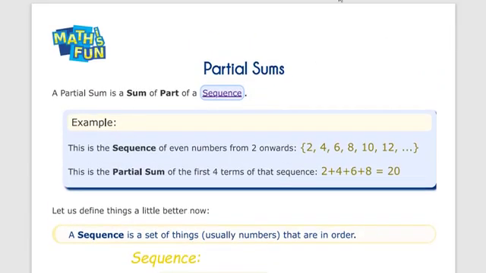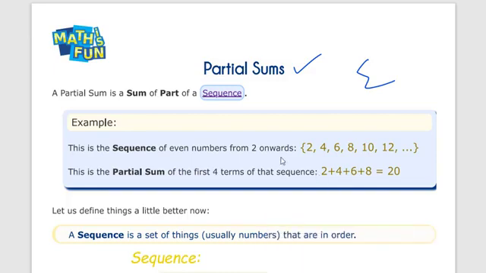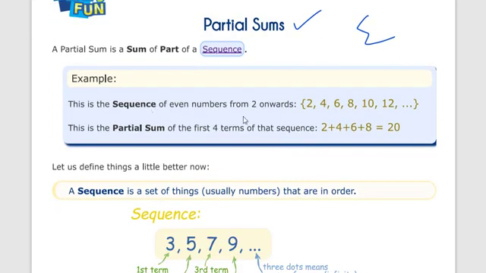Next we discuss partial sum and the use of sigma. If you want to add the first 4 terms, or the first 10 terms, how do we calculate the addition of the sequence?